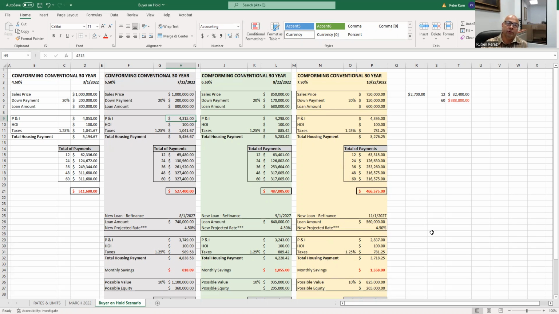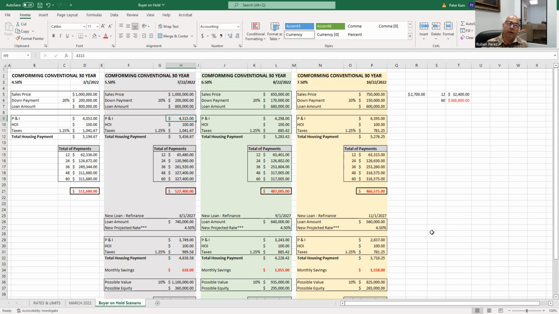So I urge every agent to have your buyers consult a loan officer of their choice or your choice prior to showing them houses. Make sure that they qualify.